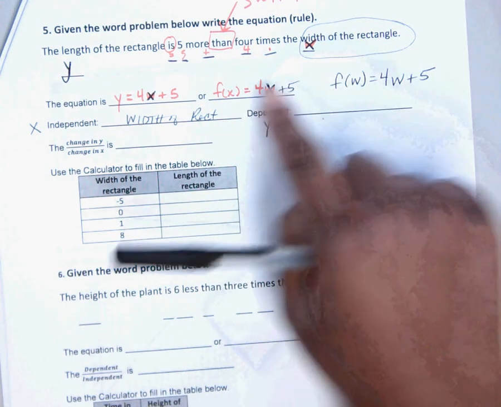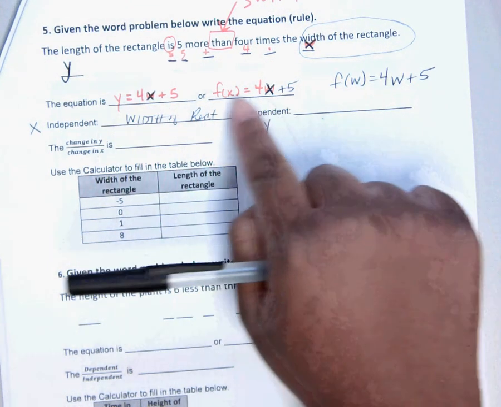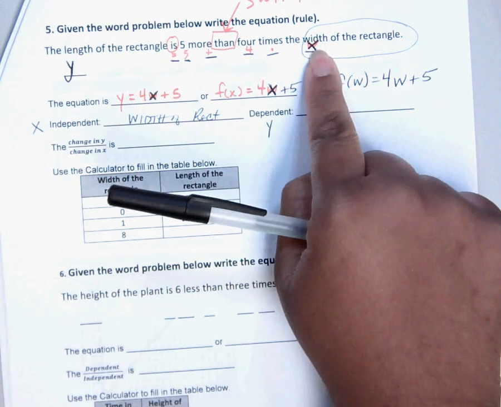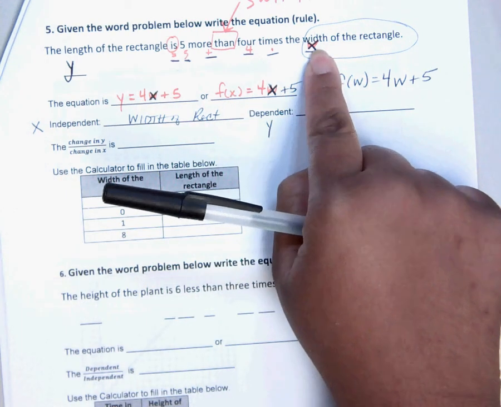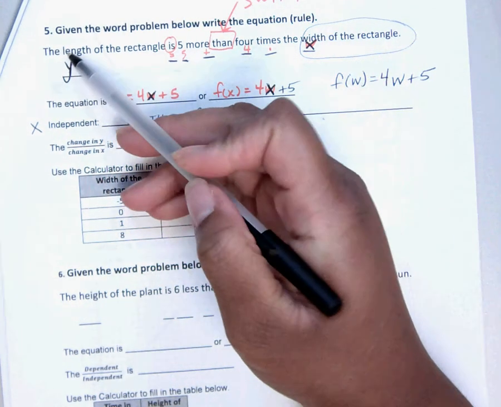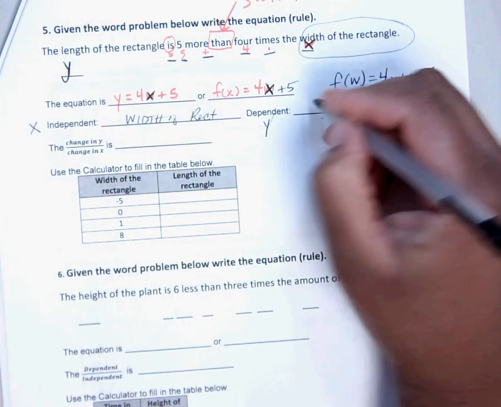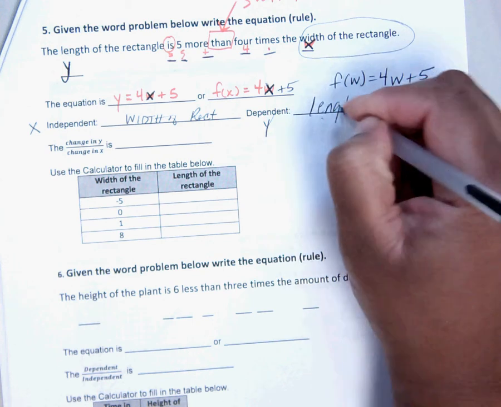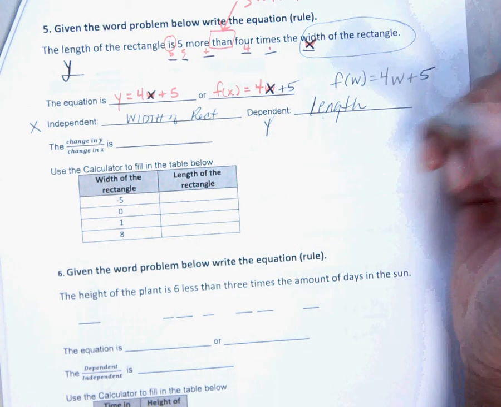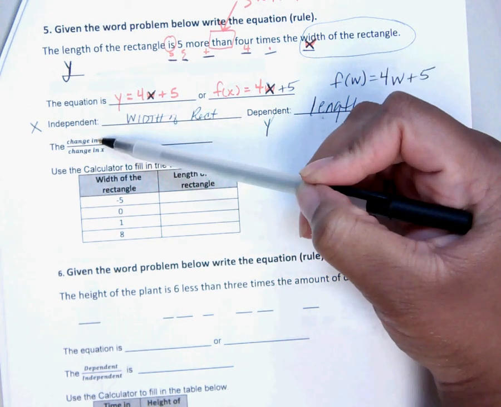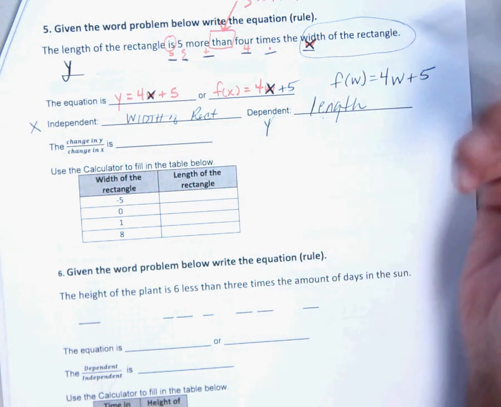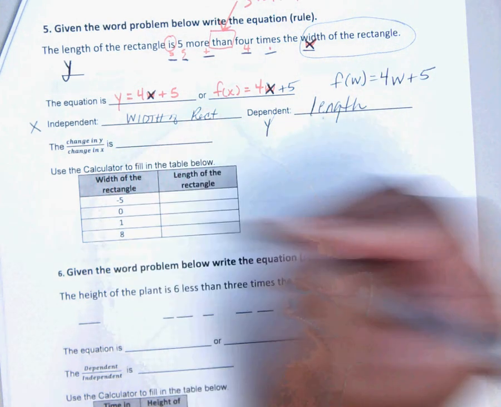And I needed to see that x and y in what I wrote down. So I'm glad I went back and changed that. So the dependent is going to be the length because it's talking about the total, the y, the final result. The length. And what is this question asking you for? Well, it's asking you for the slope. So what is the slope? Well, it's right here.